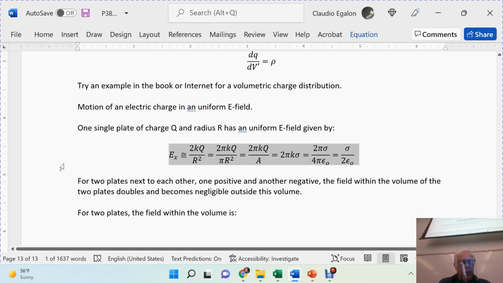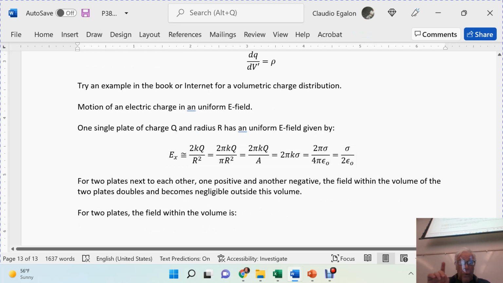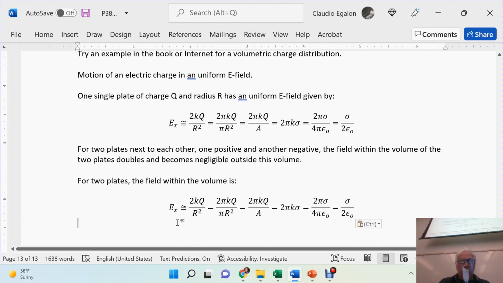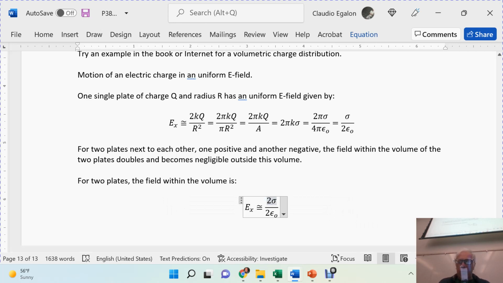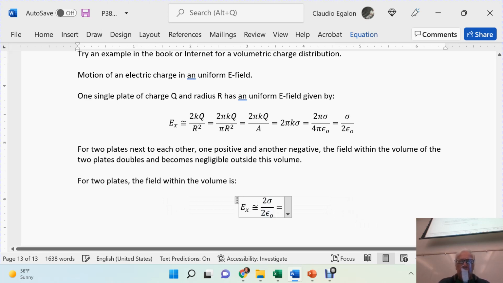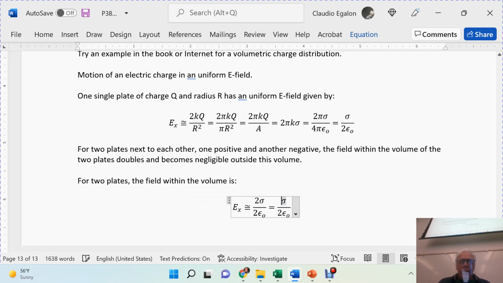okay, here we go. Don't forget that those are all approximations, but even more important, those are very good approximations. It's not just any type of approximation, but a very good approximation. So it's going to be twice the field of a single plate, okay, which ends up being sigma over epsilon naught. That's the formula that we usually see out there.